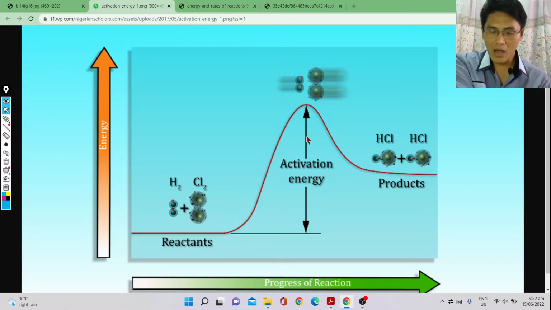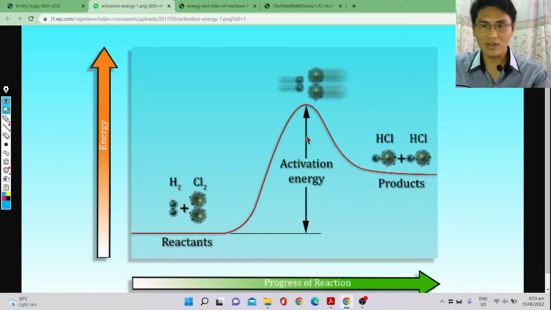Now, but sir, how come I see certain chemical reactions, where I have chemical 1 and chemical 2, I mix them together and then they react? Doesn't that mean they don't need an activation energy? No, all chemical reactions need an activation energy.